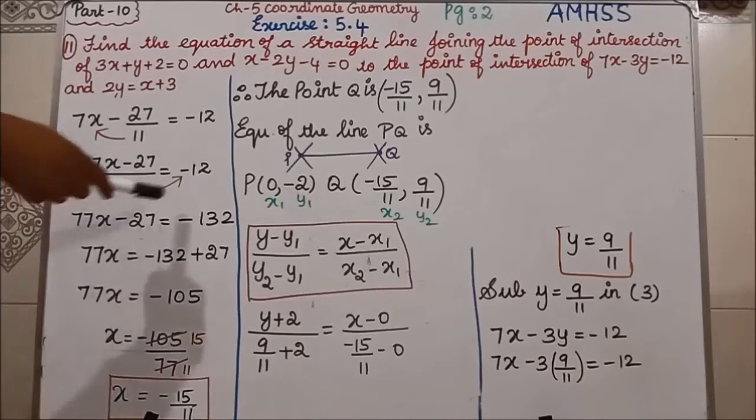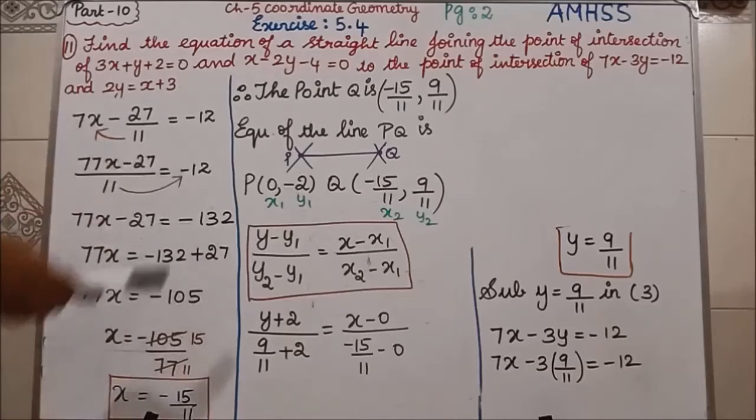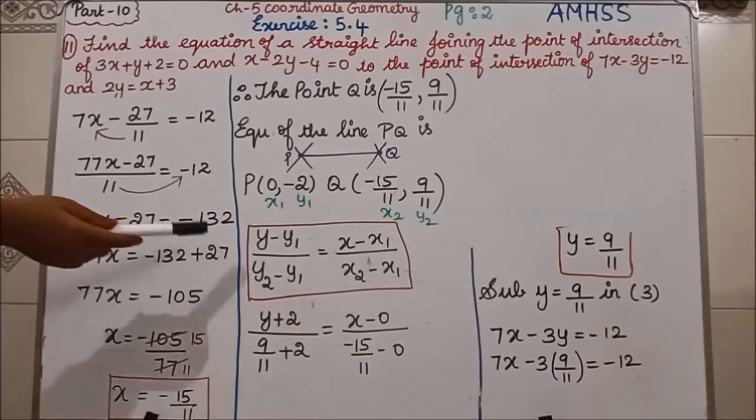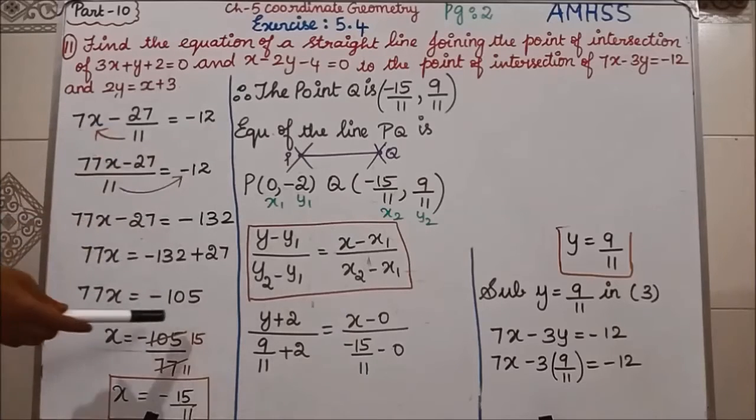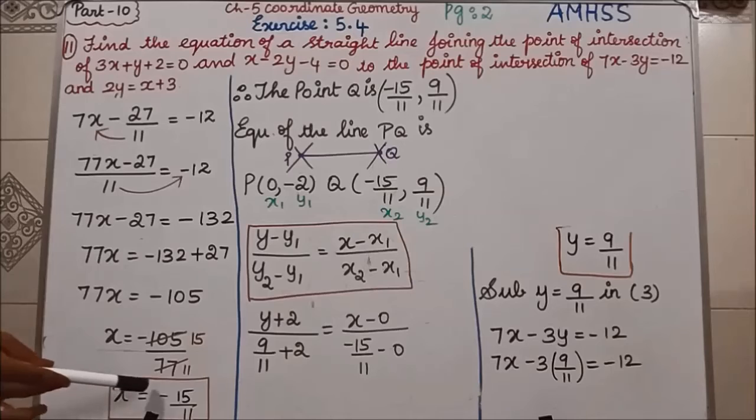Again, for the denominator we do the cross multiply, we will get minus 132. Here one constant, here one constant. Take this constant to the right hand side, we will get minus 105. And x equal to minus 105 divided by 77. If you cancel, we will get minus 15 divided by 11.